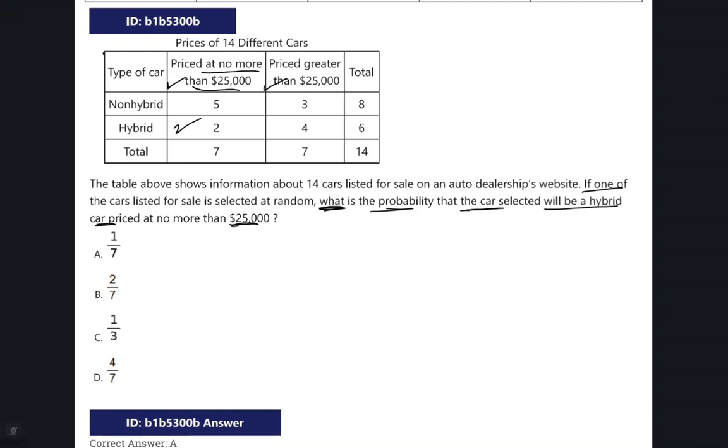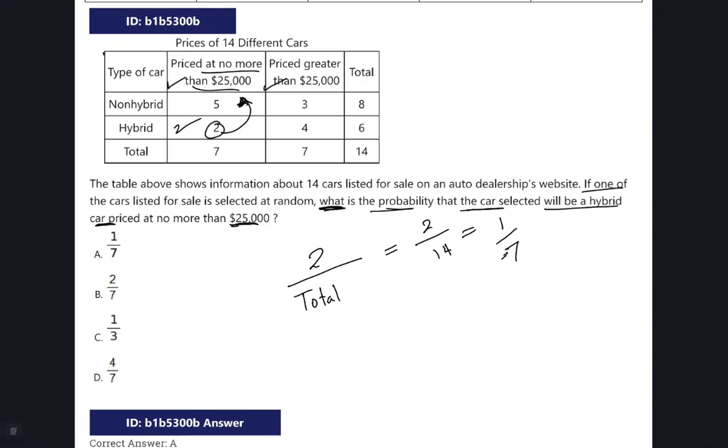So it's going to be 2, since this is the favored outcome, and the total possible outcomes, as I have mentioned recently, is going to be 14. 2 out of 14, which is 1 out of 7.